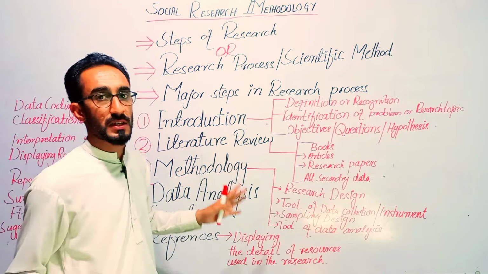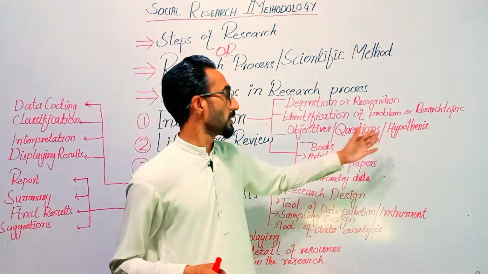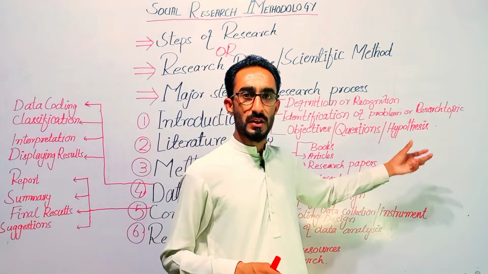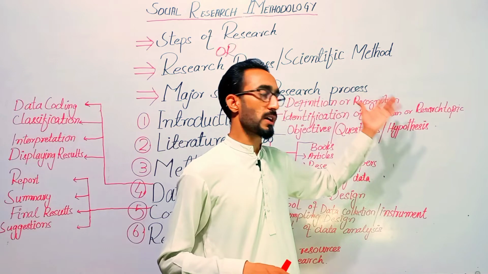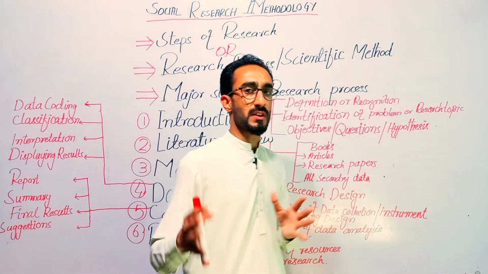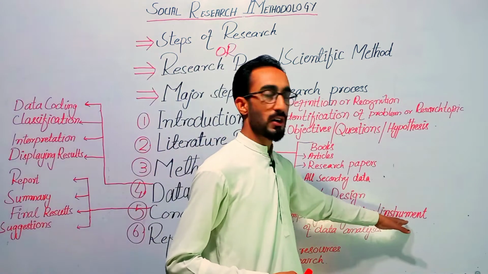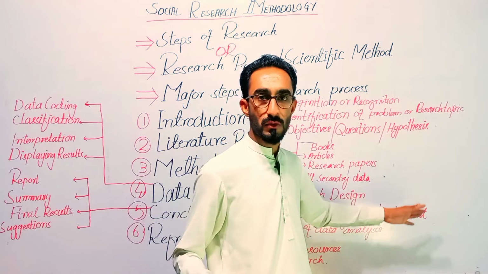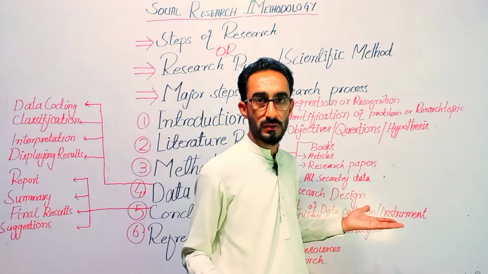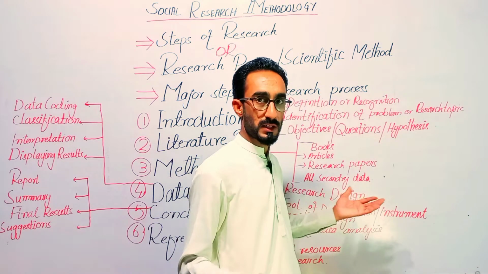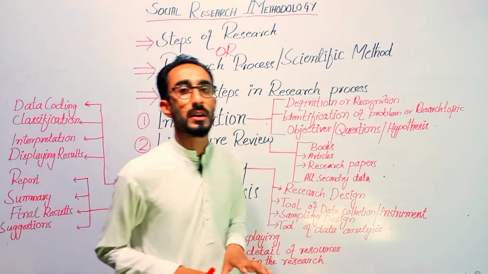In social sciences we use different methods, techniques and procedures. In natural sciences they use lab instruments and apparatus. Here we use the questionnaire, interview schedule, participant observation and non-participant observation as our apparatus, because our laboratory is society.